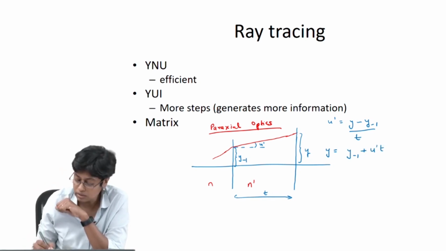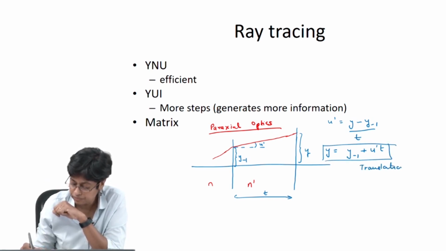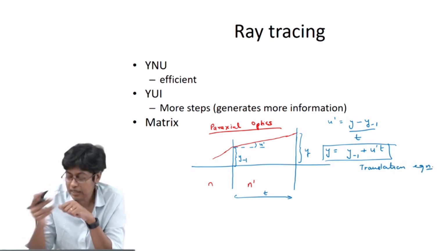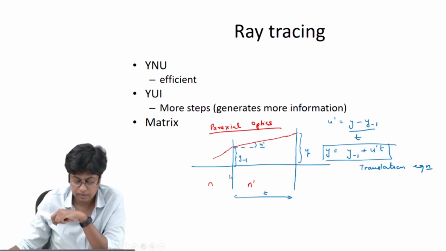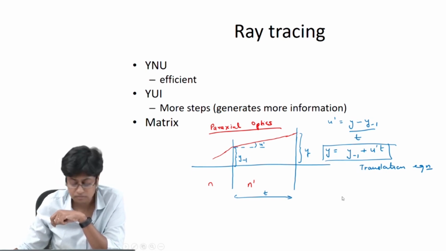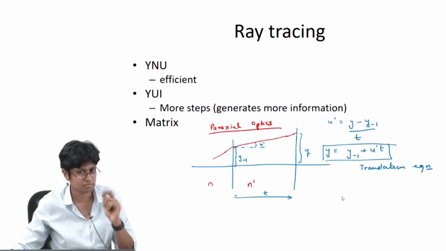So this is nothing but a kind of translation equation which tells you, if you know the height at one interface, given some information, you can find out the height at the next interface. Okay, so this is one equation. So this is the y of the y and u method.